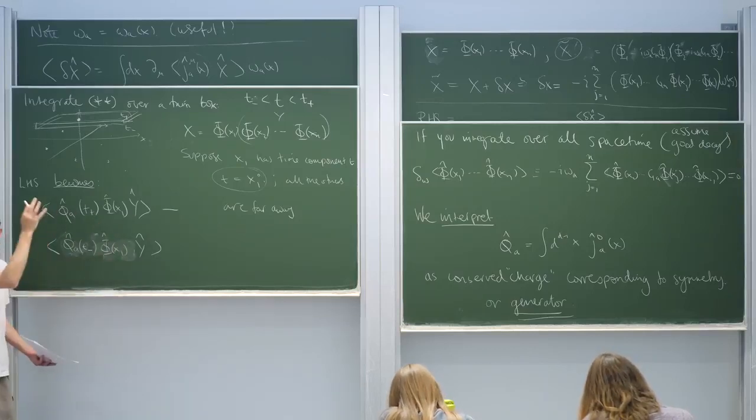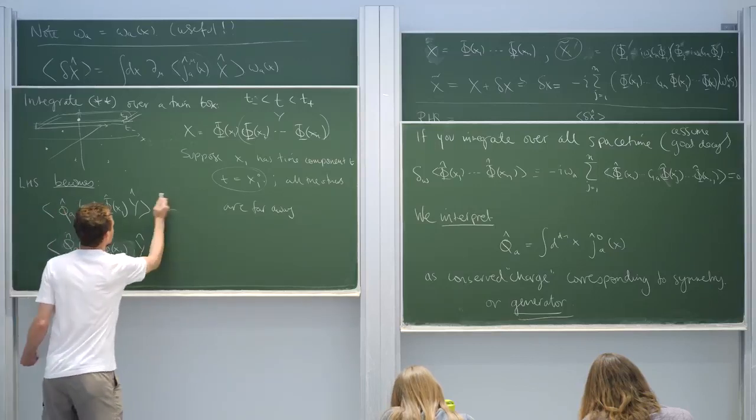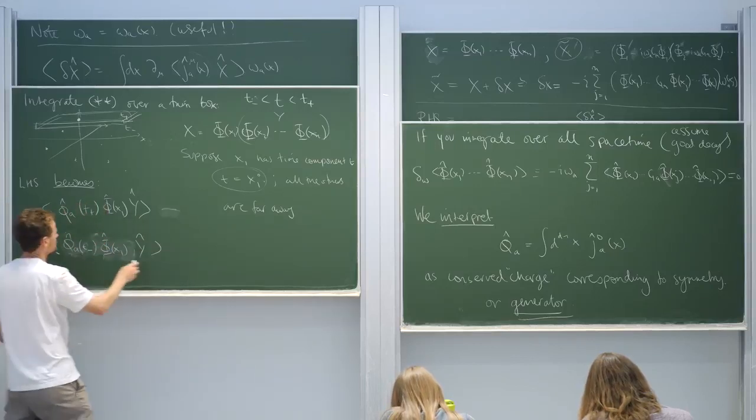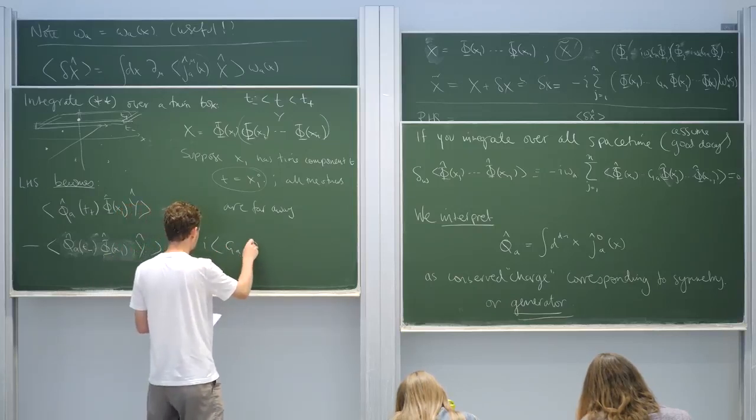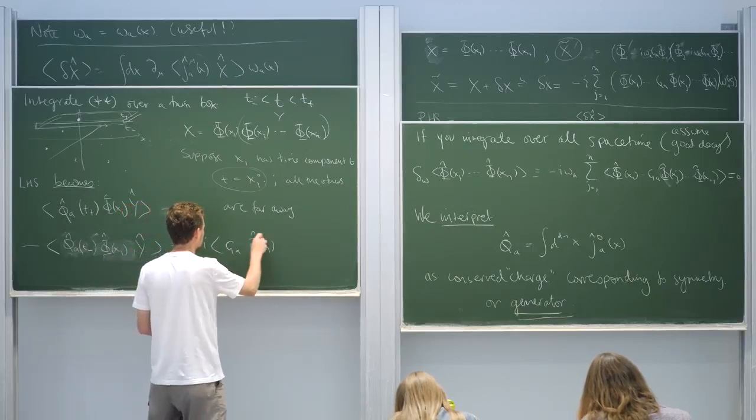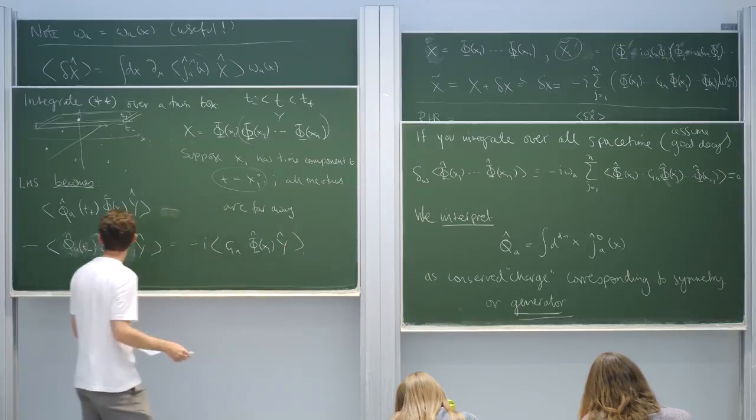Right, it's time ordered. We have a correlation expression and a path integral. So this has got to be equal to minus i g hat phi x1 hat y.